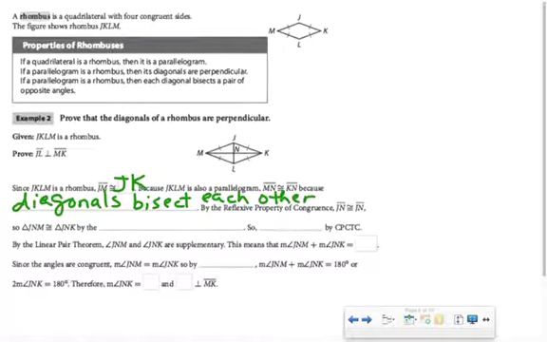By the reflexive property of congruence, we know that segment JN is congruent to itself, so that's why triangles JNM and JNK are congruent by the side-side-side triangle congruence. By CPCTC, I know that angle JNK is congruent to angle JNM.